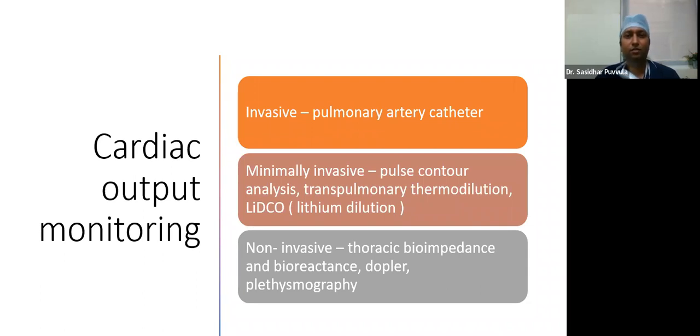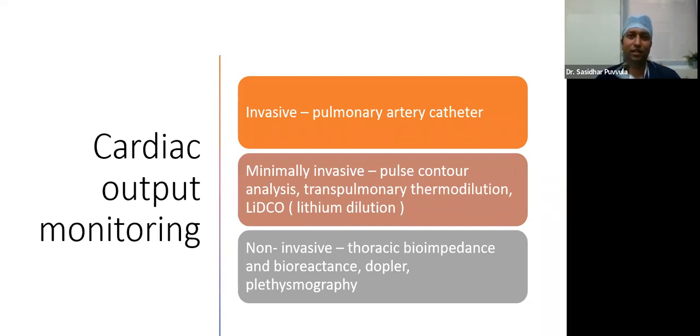So in the invasive type, where you put a pulmonary artery catheter, the distal part of the pulmonary artery catheter has a temperature sensor, and you have a port proximally where you can inject cold saline into the right atrium. So what you do essentially is you inject cold saline into the right atrium and you measure the temperature in the pulmonary artery. And the rest of the thing, you don't need to do anything.